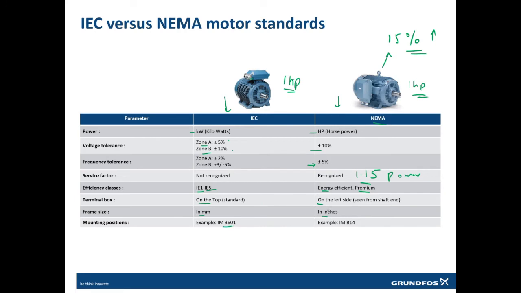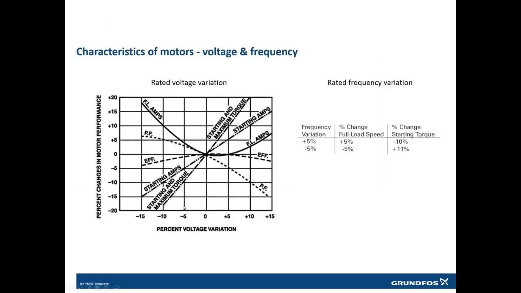This is IMB14. So these are the differences between NEMA and IEC motors. Not a very big difference, but overall, I would say that NEMA motors are bigger and bulkier motors than IEC motors. Now, how will the change in the electric voltage and frequency affect the motor?